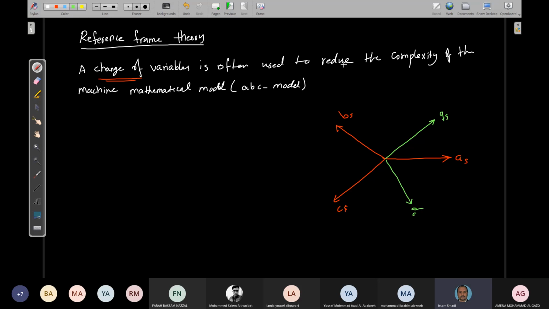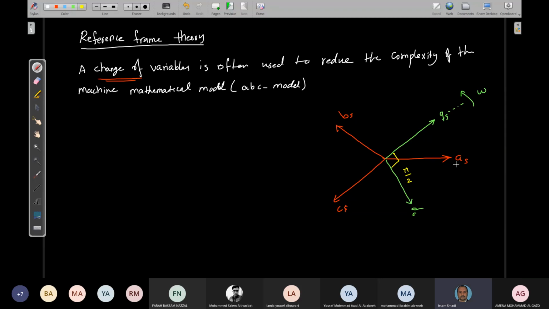And let's assume for now that this frame is rotating at an arbitrary speed, omega. Now this speed until now is not specified. If I specify this one as omega 0, this will be the stationary reference frame. If I specify this one as omega r, this will be a reference frame fixed to the rotor. But simply let's highlight the meaning of the reference frame and how I can use it. Now, the angle between the Q and the D is pi over 2.